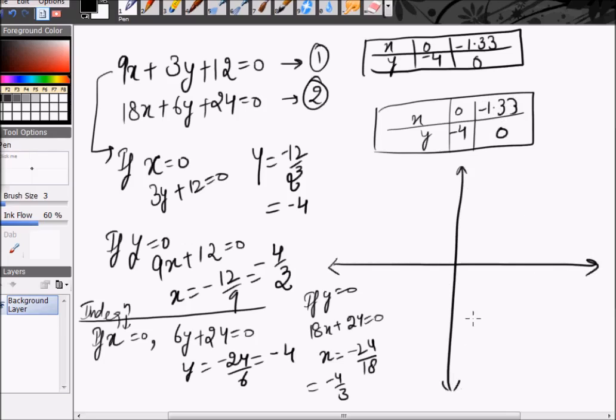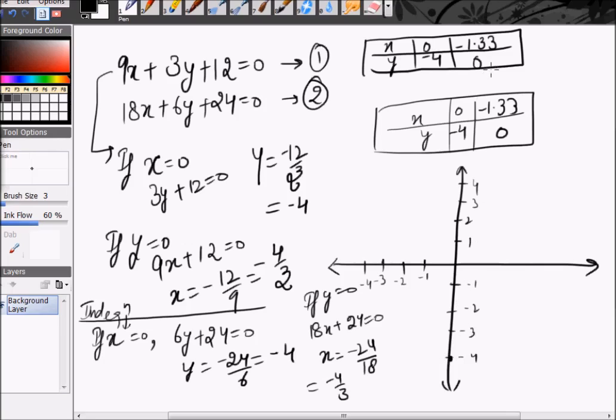Plotting the graph. For x equal to 0, y is minus 4.